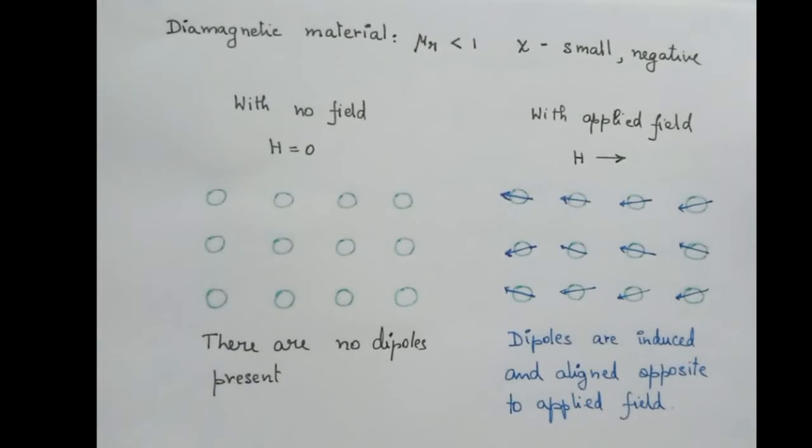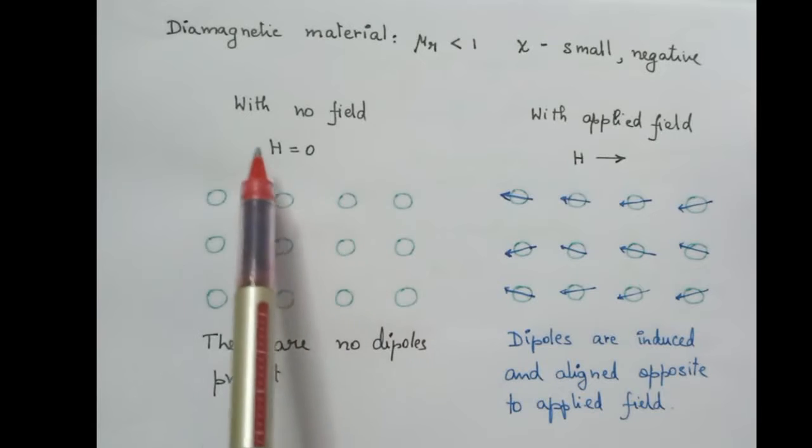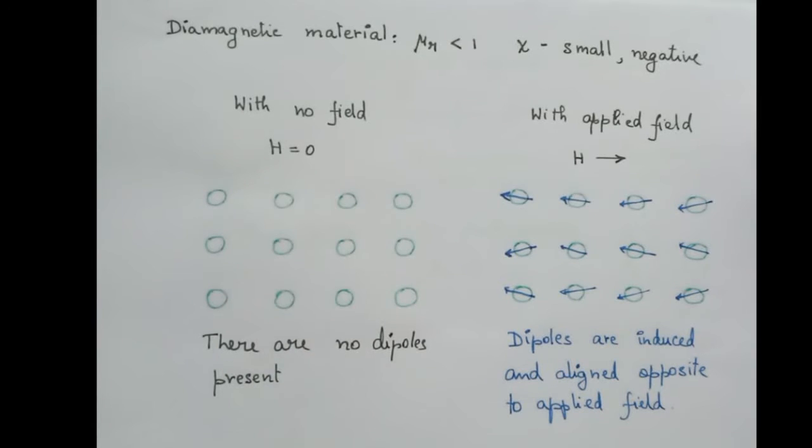A diamagnetic material is one in which there are no dipoles present in the absence of the external field. The magnetic moments due to the spin and orbital motion of the electrons are paired and hence there are no dipoles present.